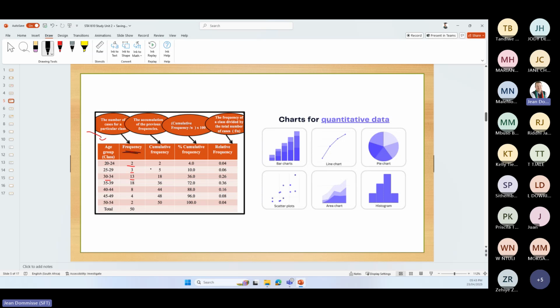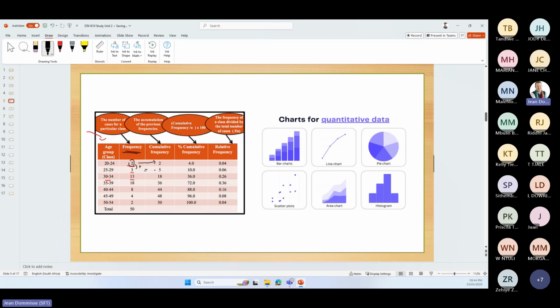And then we get something that's called the cumulative frequency. All that does is to say the 2 plus whatever was in front. That is all the people that are younger than 24, so there's 2. All the people that are younger than 29, so that is 2 plus 3, which will give you 5.